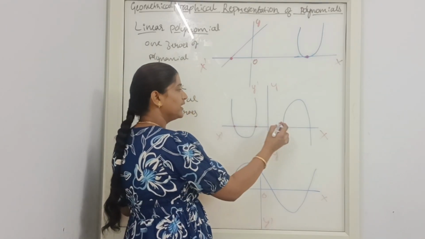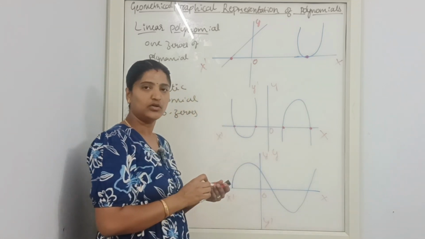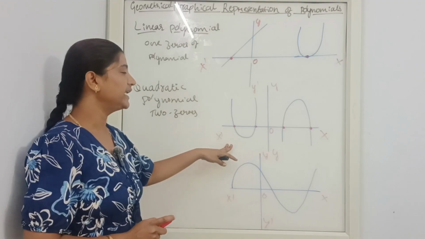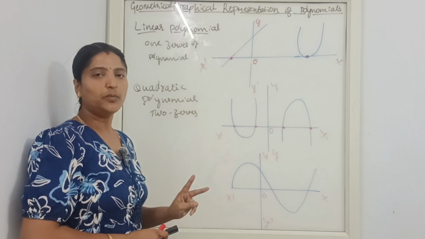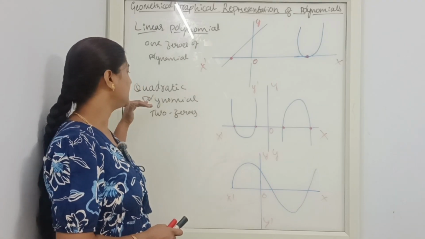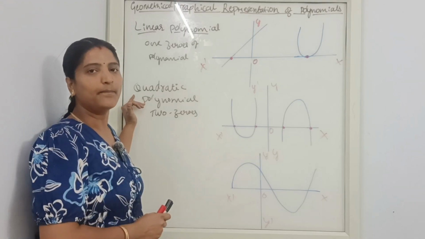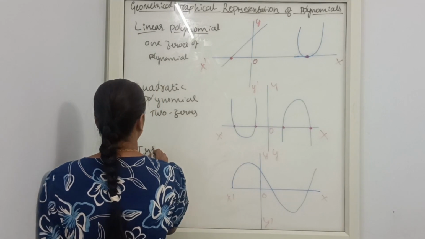See, it can be U shape or inverted U shape. What do we call this? Parabola, right? So like this, the graphical representation has to be represented by 2 points on the x axis. Clear? This is the quadratic polynomial.